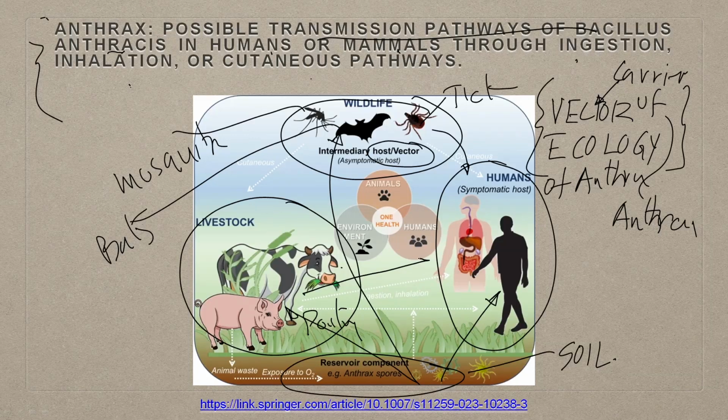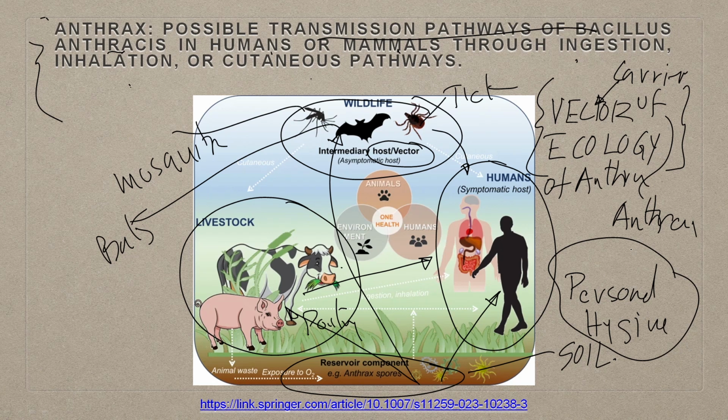Food which we derive from the animal world, our continuous working in the soil and other spots where there is a possibility of anthrax, one has to be extremely careful, and personal hygiene is essential. As we have already talked about, anthrax can get into your system via the cutaneous route, meaning the skin surface, through ingestion, and through inhalation.